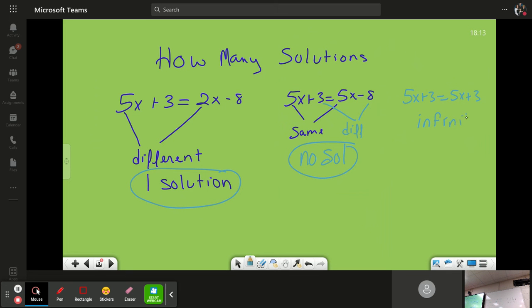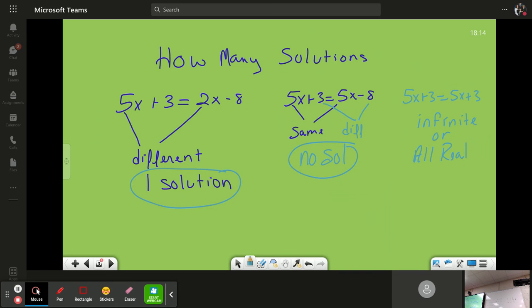And you're going to have an infinite number of solutions or all real. Infinite number of solutions or all real. I promise you on your first Unit 1 test, one of these is going to show up.